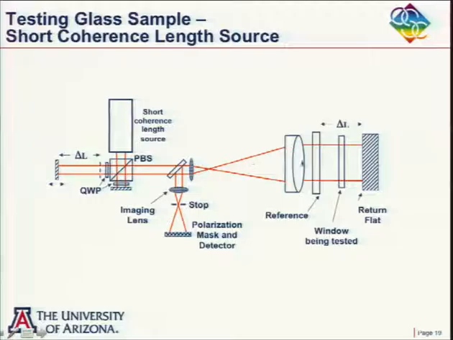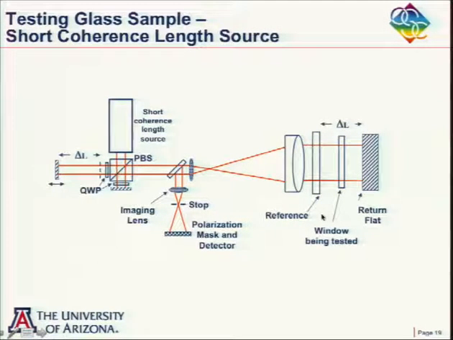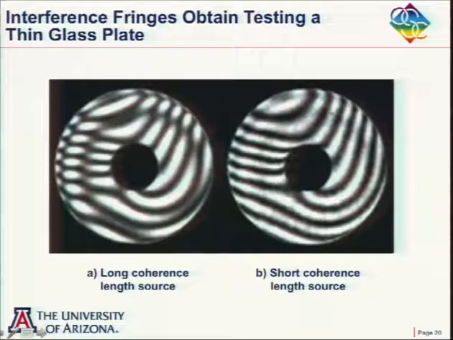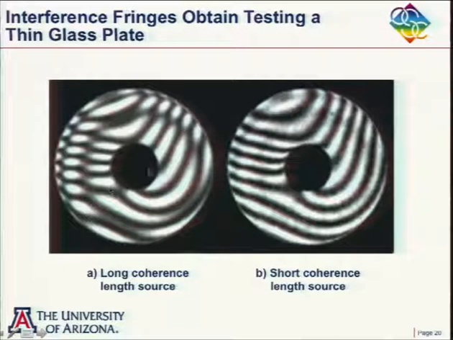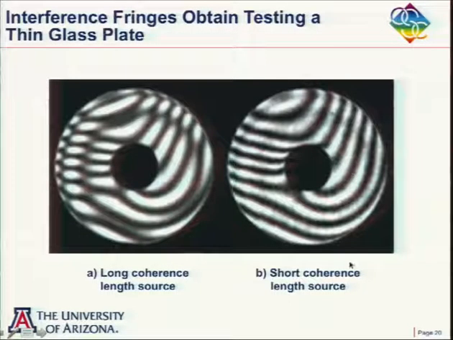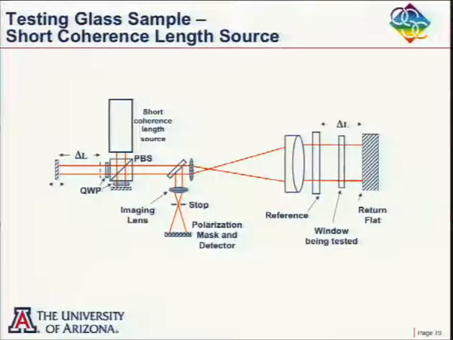Simply by changing delta L here, that will change which reflection is coherent with a beam reflected off of here. And so this is a true picture of long coherence length and then using this system for the short coherence length. And these terrible fringes go away.